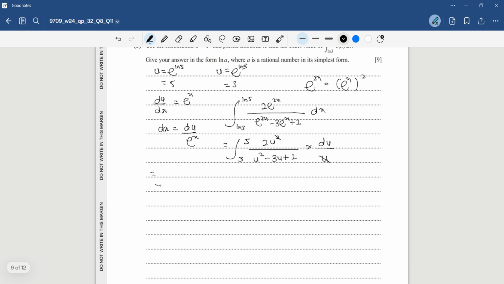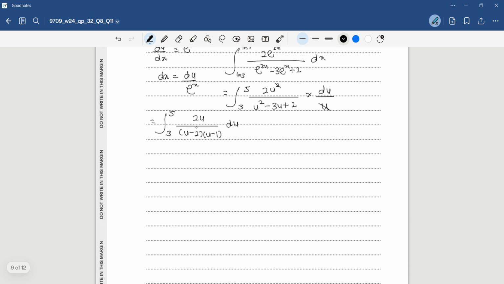So it's going to be the integral from 3 to 5 of 2u over u squared minus 3u plus 2. I can factorize this, so it's going to be (u minus 2)(u minus 1) du.